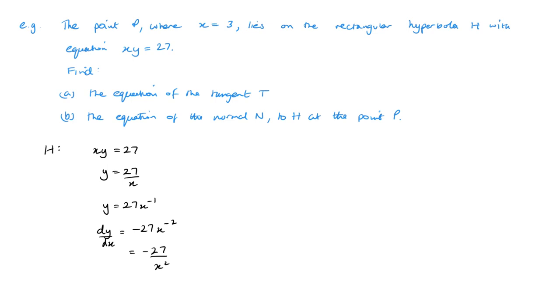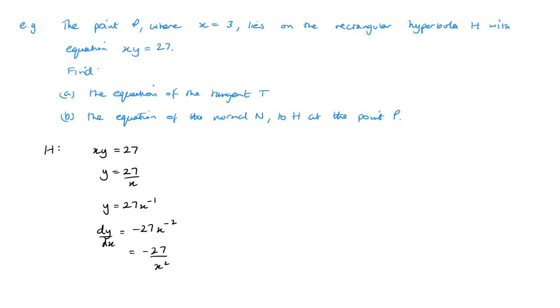If you're running your regular maths and further maths at the same time, then you won't be on P4 yet, so you don't know about implicit differentiation. In that case, do it as I'm doing now and rearrange. Anyway, we got dy by dx equals minus 27 over x squared.